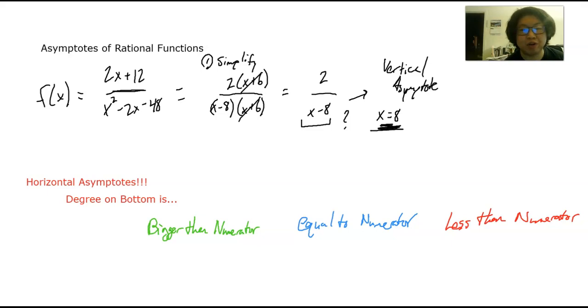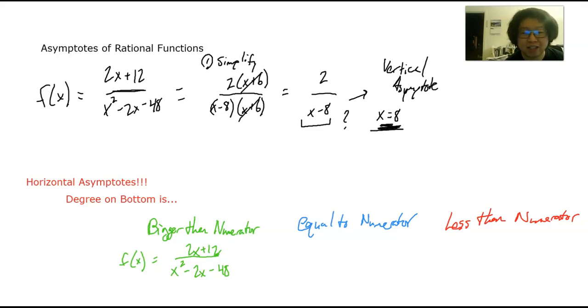So in the bigger than case, if your denominator on the bottom is greater than the numerator, for example, our first one that I had up there, 2x plus 12 all over x squared minus 2x minus 48, the degree on the bottom is 2, the degree on the top is 1, so the degree on the bottom is bigger than the numerator.